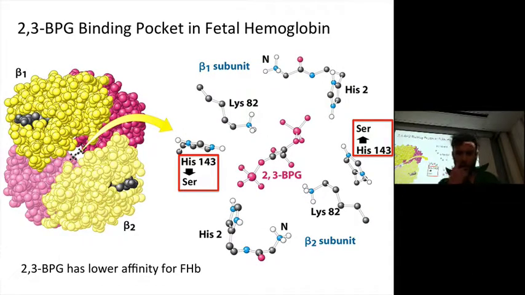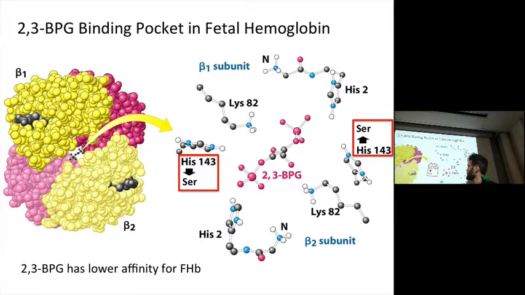All right. So what is interesting is that fetal hemoglobin has, rather than an alpha and a beta chain, an alpha and a gamma chain. So there are two alpha chains, and then instead of beta chains, we have gamma chains, a slight variant in fetal hemoglobin.